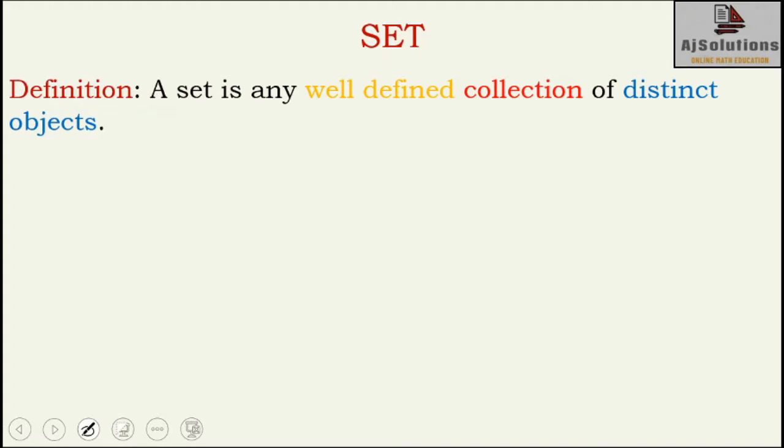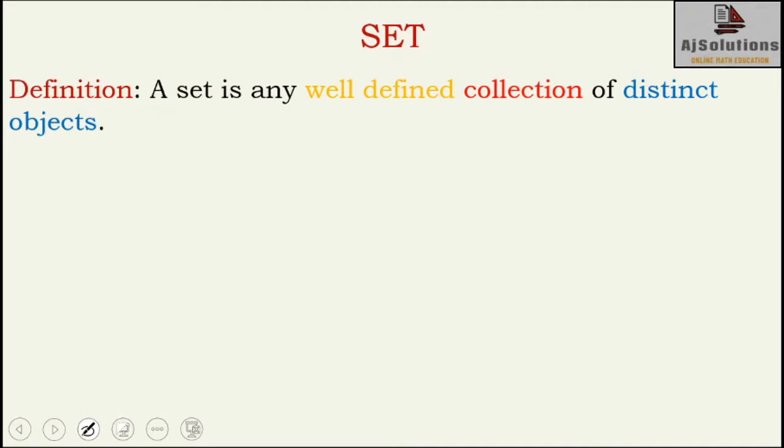With the word well-defined, we mean whenever we define a set, the definition of the set has to be well defined. Suppose I define a set A as collection of vowels, then this definition is well defined.